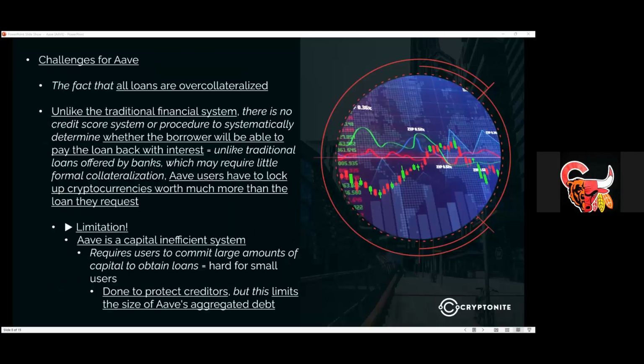Now, the challenges for Aave, first of all, the loans are over collateralized, which is always difficult. Not everybody can come up with the extra collateral or having any collateral. But if you don't have collateral, you cannot borrow. They don't have any kind of credit card system. So it's all based basically on the collateral. But it doesn't tell you anything about the person borrowing the money.